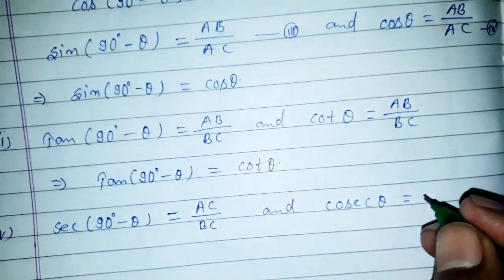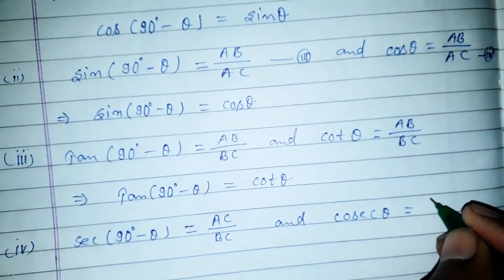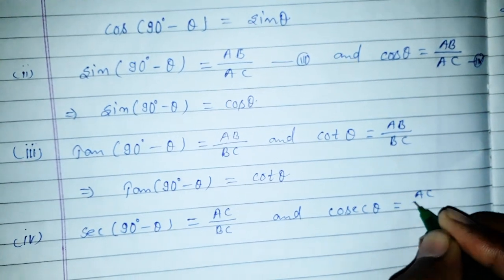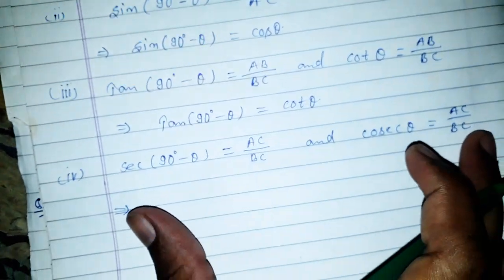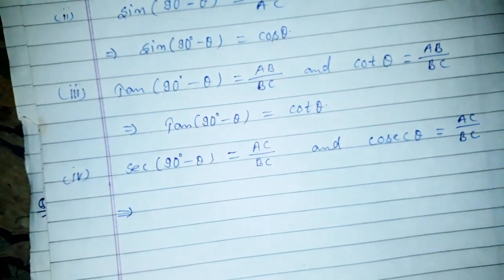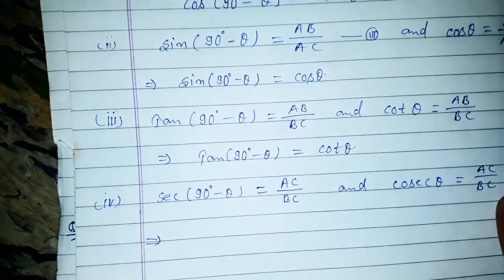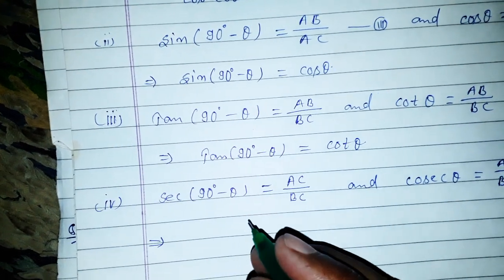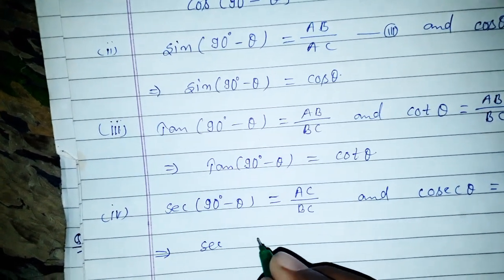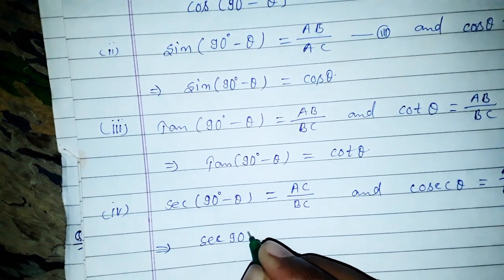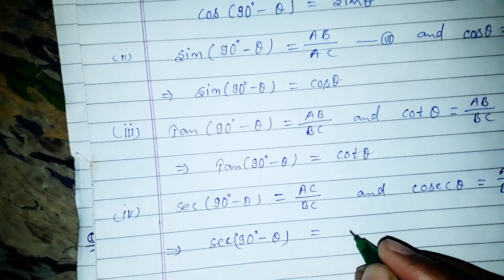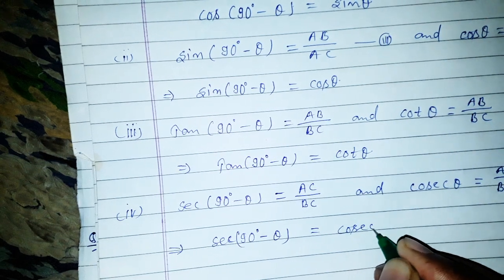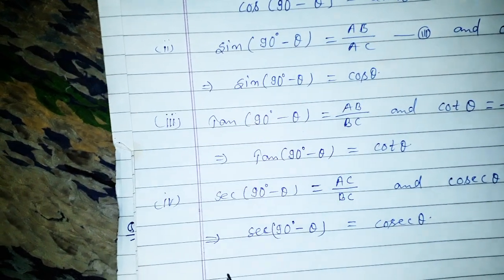So right here, AC upon BC; this implies that, according to these values, RHS is equal, that means LHS is also equal. Sec 90 minus theta equals cosec theta.